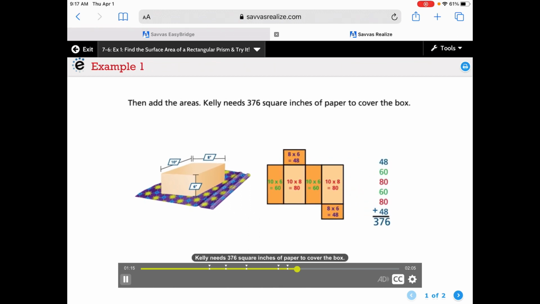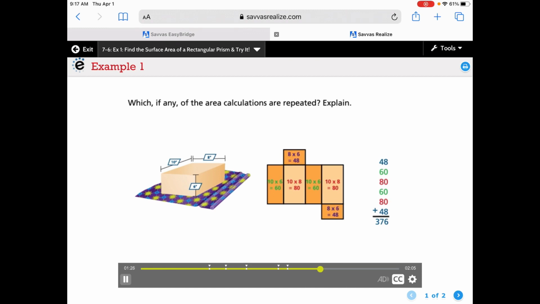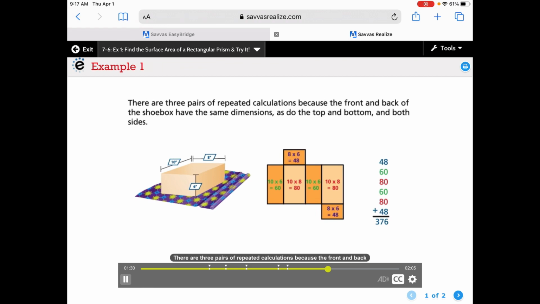Kelly needs 376 square inches of paper to cover the box. Which, if any, of the area calculations are repeated? Explain. Well, we have the top and the bottom, the front and the back. There are 3 pairs of repeated calculations because the front and back of the shoebox have the same dimensions, as do the top and bottom and both sides.